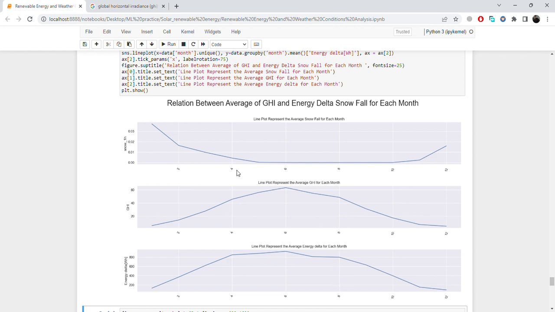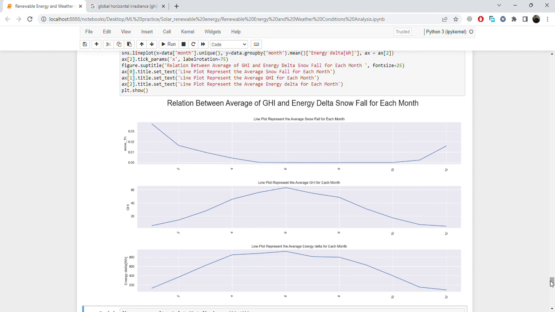And you can see there is no snow. There is hardly any snow between 4 and maybe 4.5, a very little bit, but from the 4th to the 10th month there is no snow, meaning no effect of snow in these months. So it's a good sign for our solar energy production.